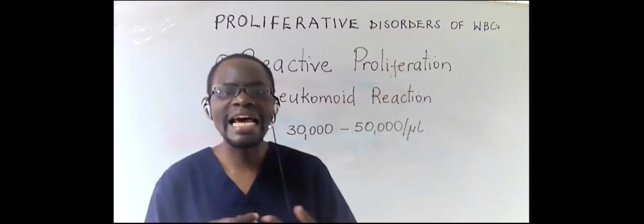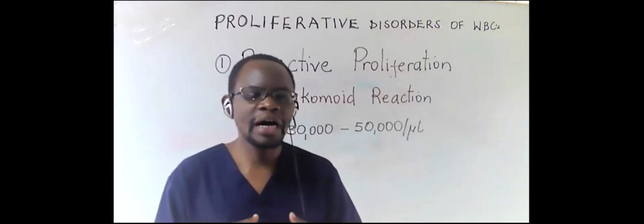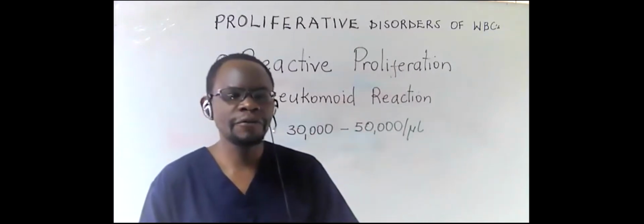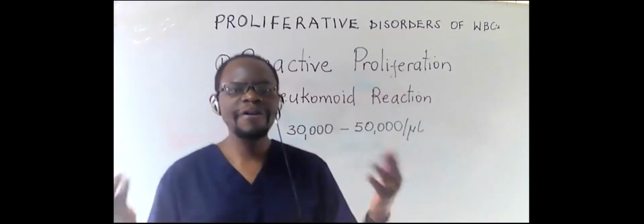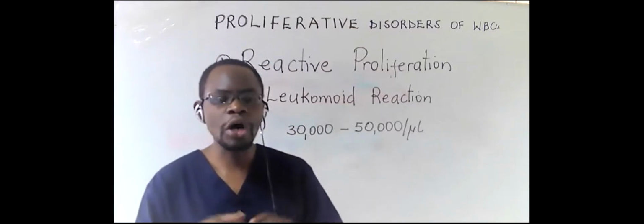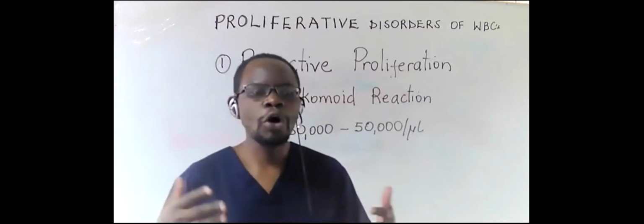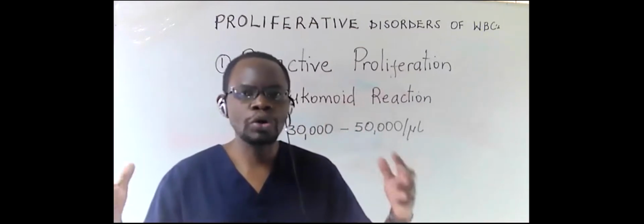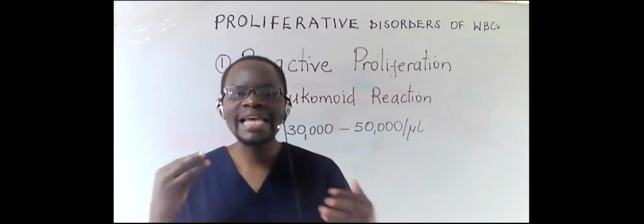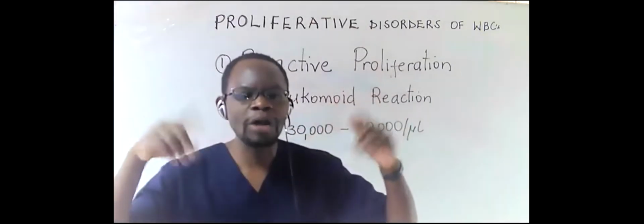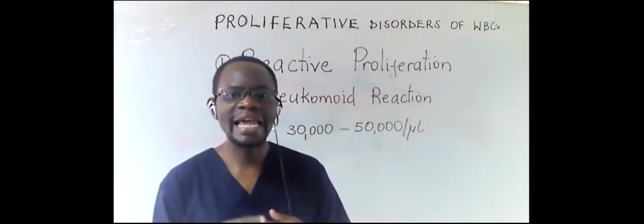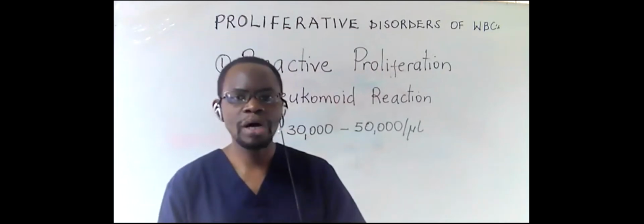If you have an allergy, or among other things that we have talked about, if you have a viral infection, you will have a change in maybe the lymphocytes. So it is very important for you to know the underlying cause, and if you realize an increase in one of those, then you should also have a clue about the underlying problem of this patient.